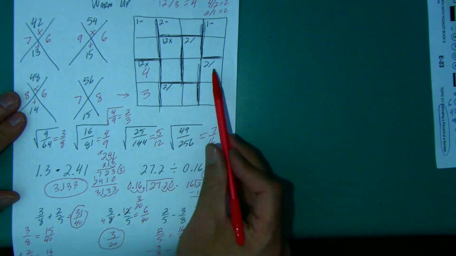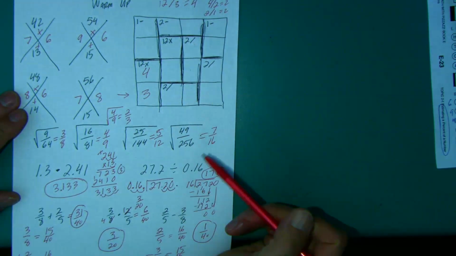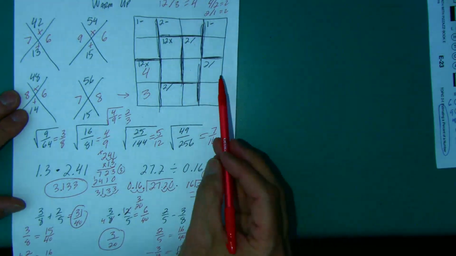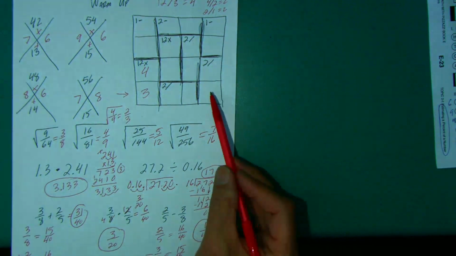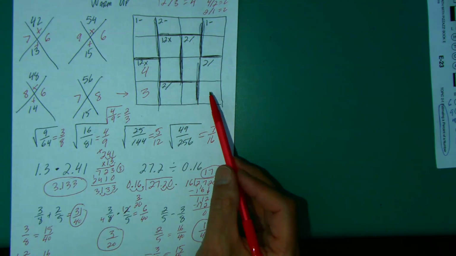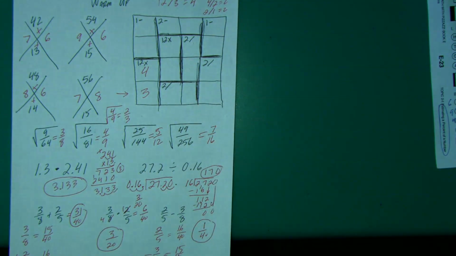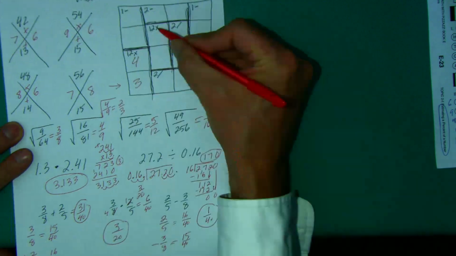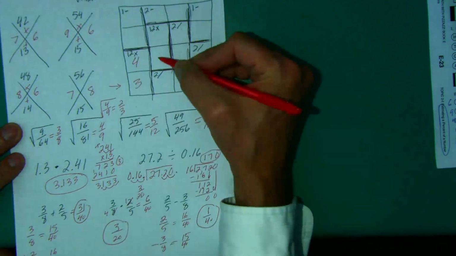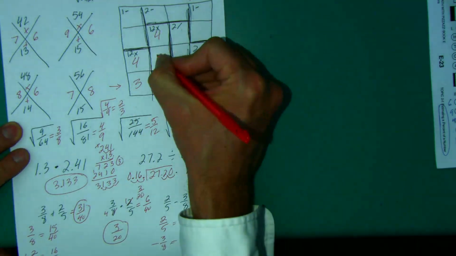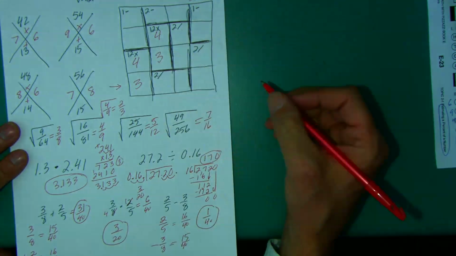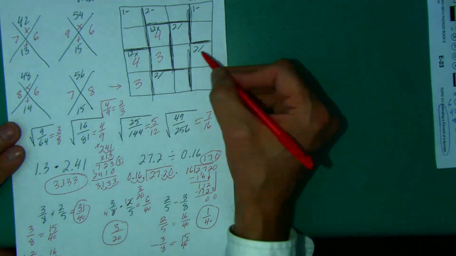Can't have a 4 here. So here's the deal. I need to have a 4 somewhere down here, right? But wait a minute. I need to have a 4 and a 3 here, or a 3 and a 4 can't go there, right? So the 4 is going to go there, and a 3 is going to go there, right?